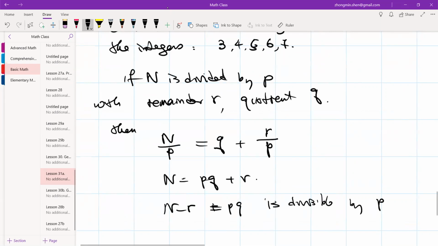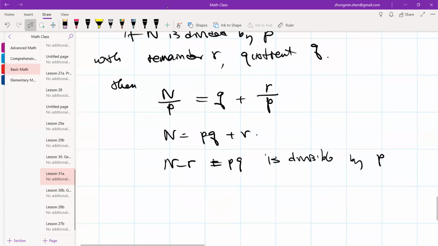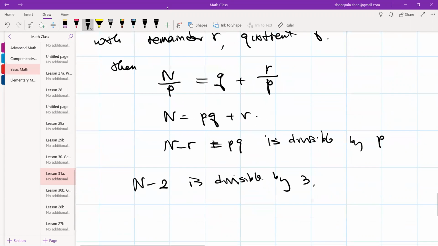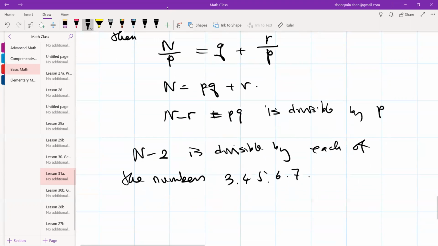But subtract the remainder from the number, and then it must be divisible by p. So in other words, our number minus 2 is divisible by 3, 4, 5, 6, 7, each of the numbers.